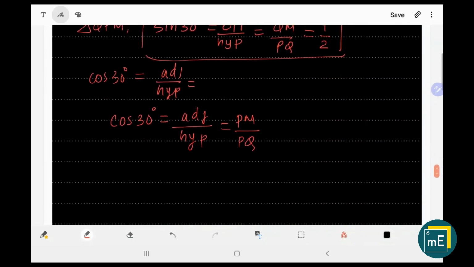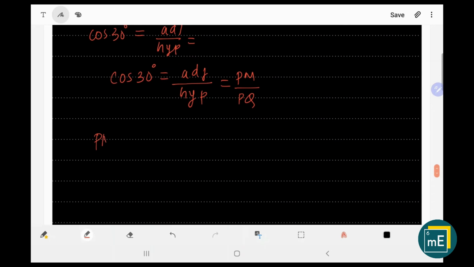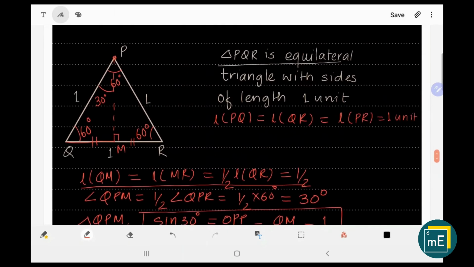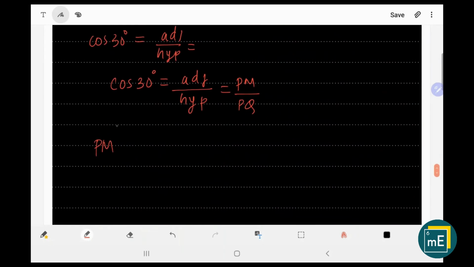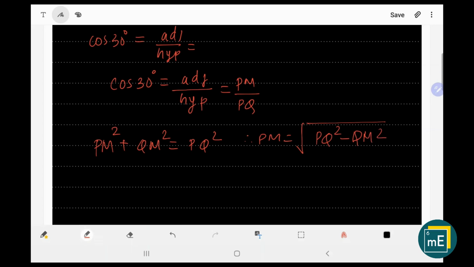Now we can find the length PM by using the Pythagoras theorem. So the square of PM plus the square of QM will give us the square of PQ. Square of base plus square of height is equal to square of hypotenuse. Therefore PM can be written as root of PQ square minus QM square.